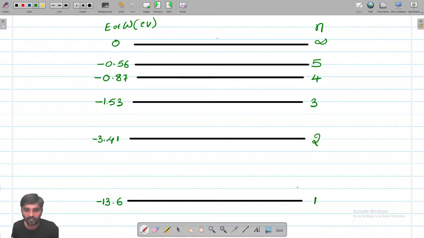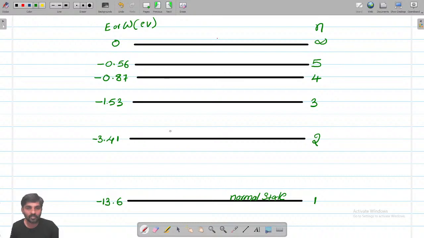So for n is equal to 1, we call this the normal state.